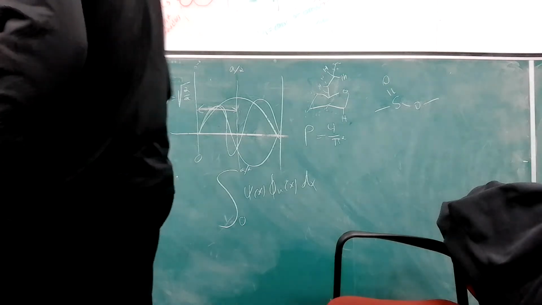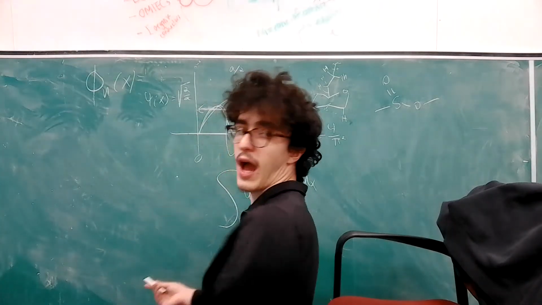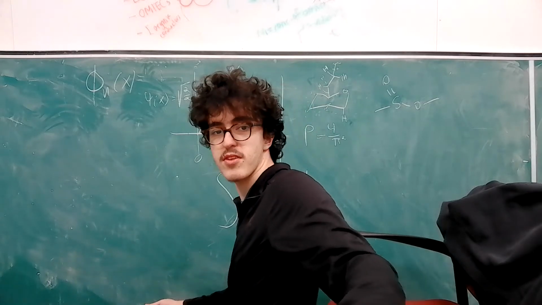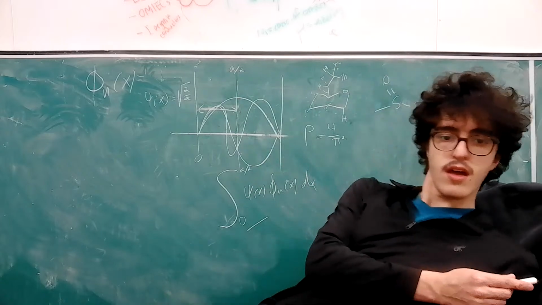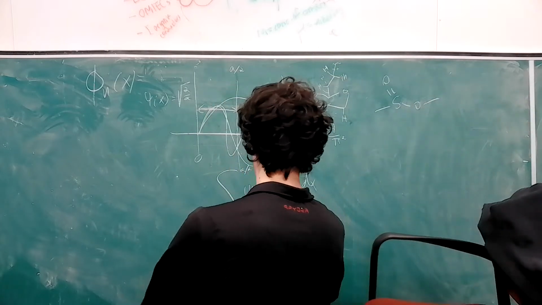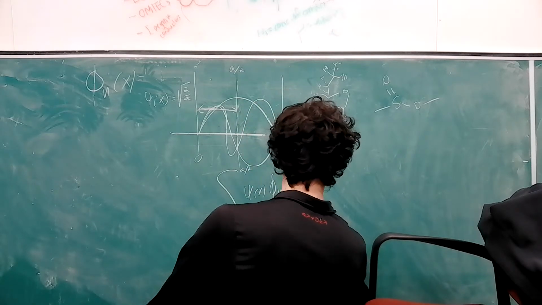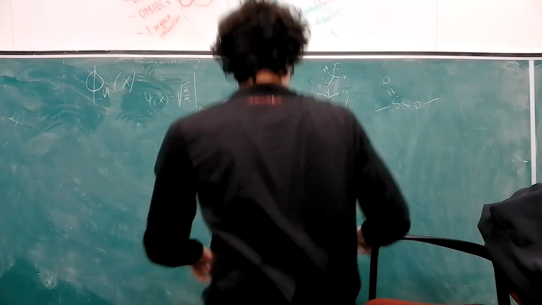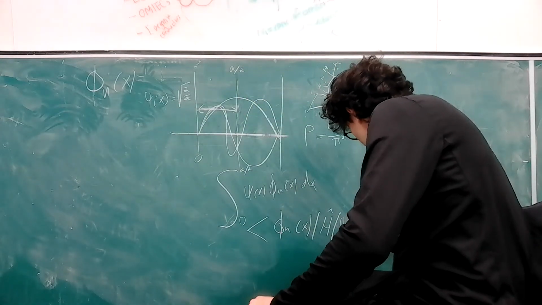If you're going to actually compute this, I'm not even sure the camera can see this. Hold on. Okay. So if you're calculating this, sorry about this, I didn't think this through.